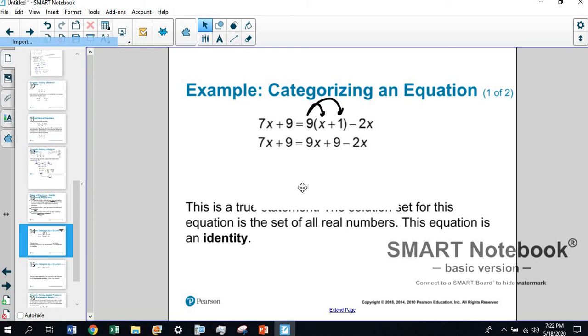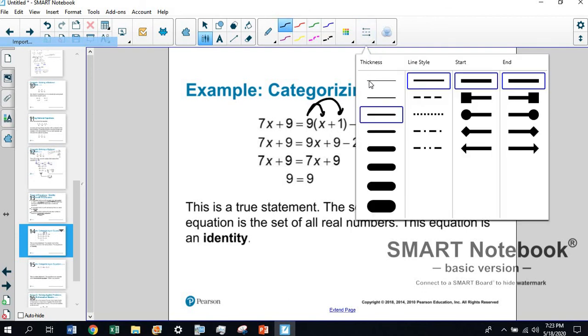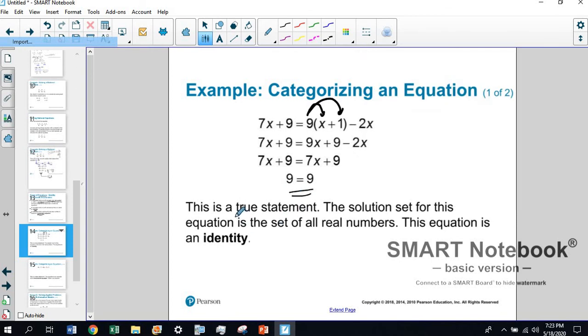And then if we combine those, we end up with 7x plus 9 equals 7x plus 9. And if you subtract 7x from both sides, you get 9 equals 9. As soon as all the x's disappear, then you've got one of two things. You've got an identity equation, which is this, because this is always true.